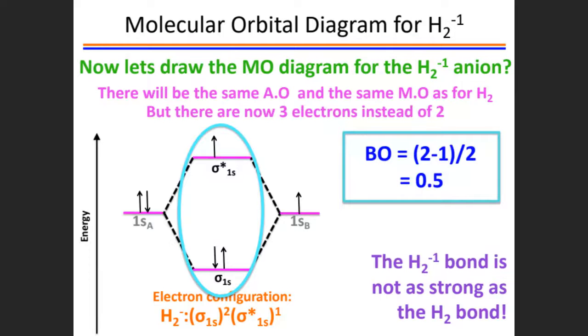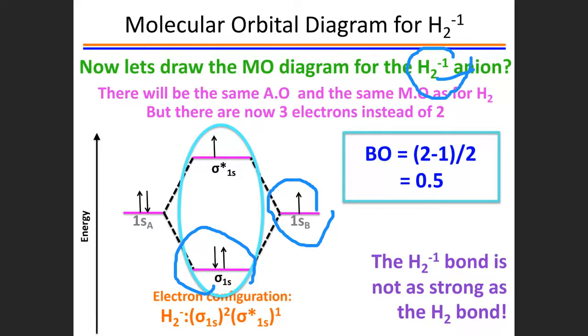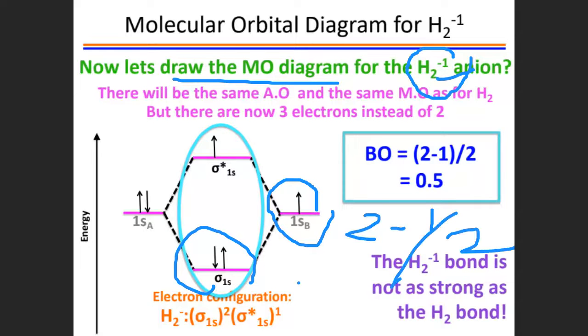A cation means donating an electron, and an anion means taking an electron. So -1 means we have an extra electron, and this goes in the anti-bonding orbital. So the bond order for this hydrogen anion will be 2 minus 1 divided by 2, which comes to 0.5. This is how you have to consider it.